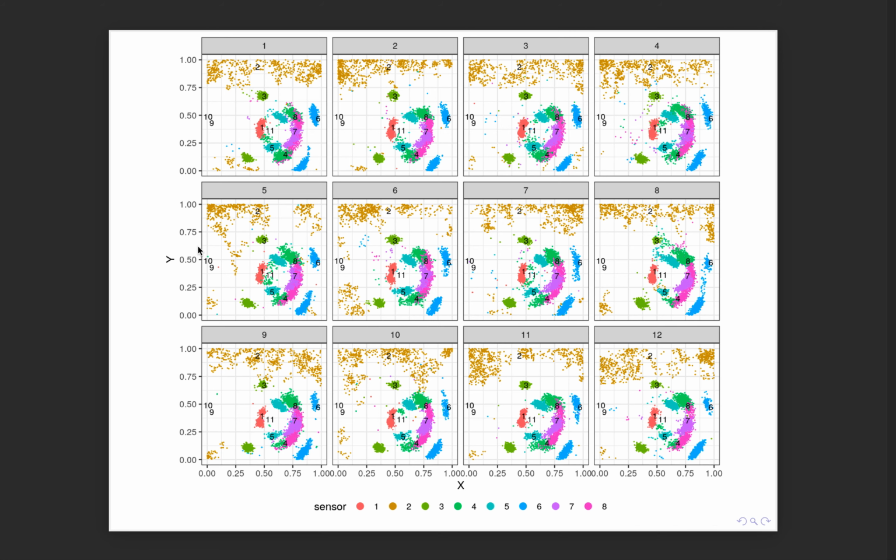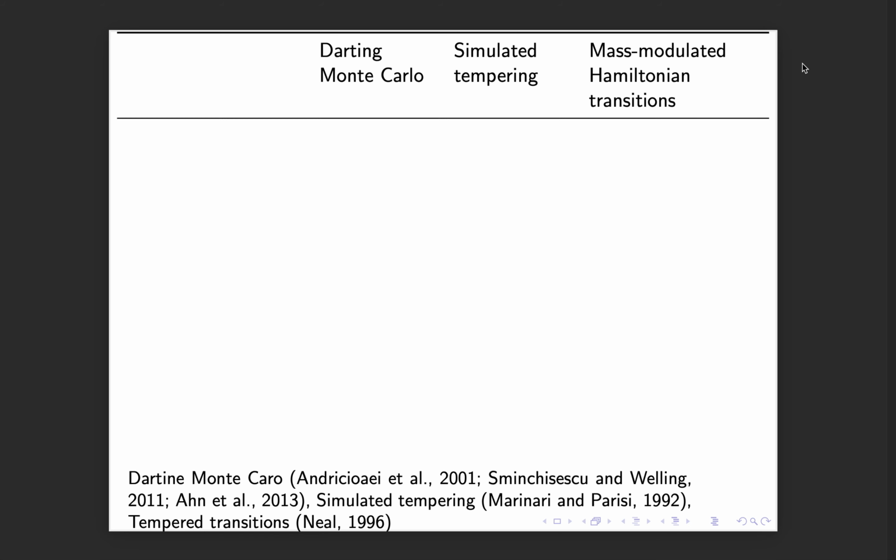As a summary, I'd like to compare our method to other MCMC methods that were developed for multimodal target distributions. Darting Monte Carlo is an algorithm that facilitates direct jumps between the modes of known locations using an independence Metropolis-Hastings sampler. Simulated tempering is a strategy that targets a mixture of tempered distributions at various temperature levels.